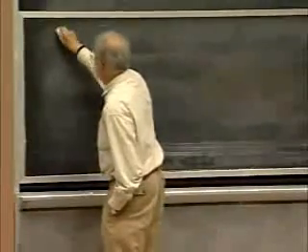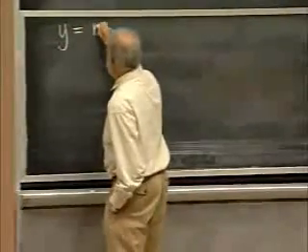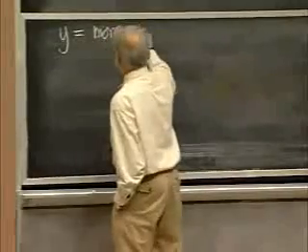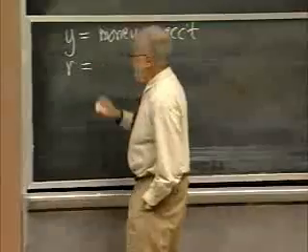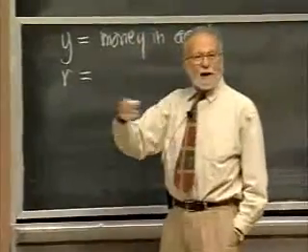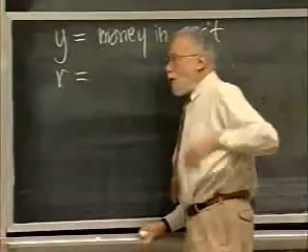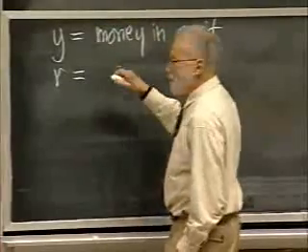So Y is money in the bank account. R is the interest rate. Let's assume it's a continuous interest rate. All banks nowadays pay interest continuously.